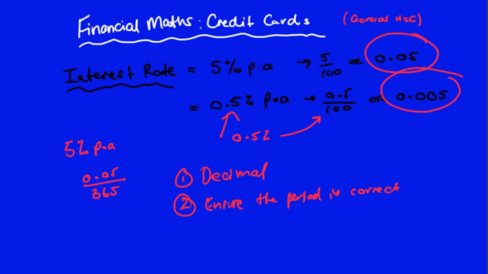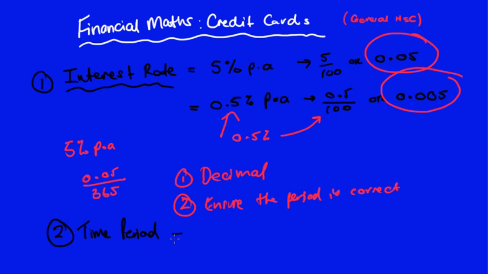The other important thing to note with our credit cards is our N, I guess, or the amount of days that interest is being charged. So we'll say the time frame or the time period.